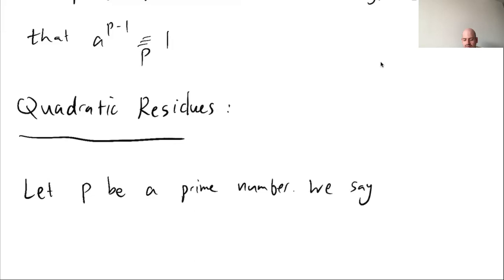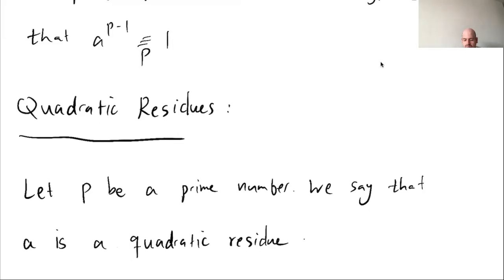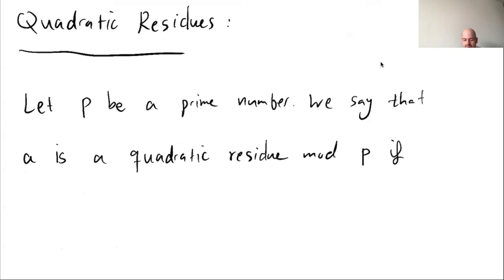We say that a is a quadratic residue mod p if a is congruent to b squared mod p for some b in Zp.